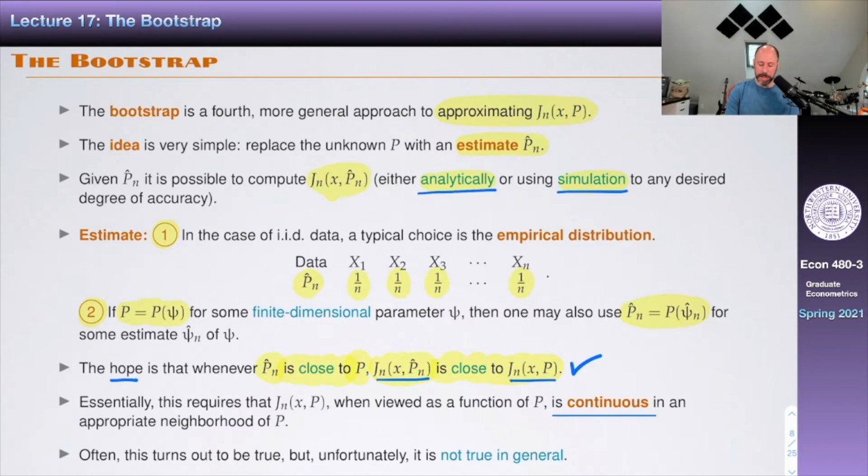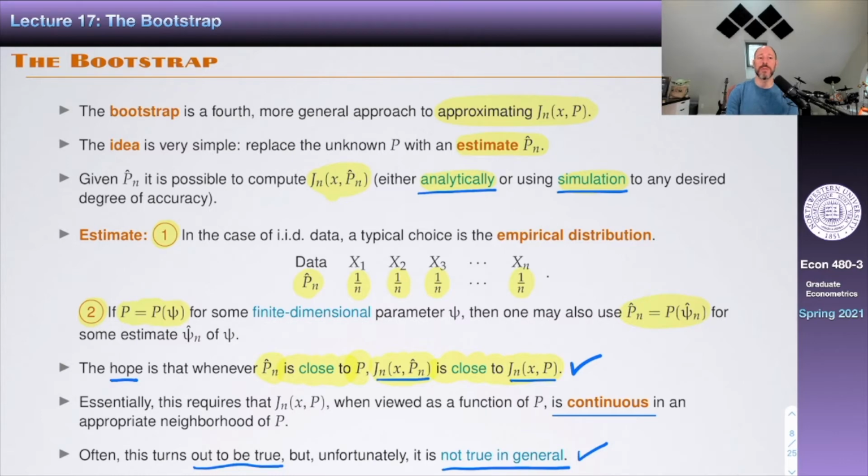So often, as I wrote, this turns out to be true, and that's why the Bootstrap is very popular and widely used. But one thing that is important is that it is not true in general. There are already a lot of known cases, sometimes in economics, in particular in IO, where we know that the Bootstrap fails. It's true that sometimes people just use the Bootstrap in situations where we don't know if it actually works or not.